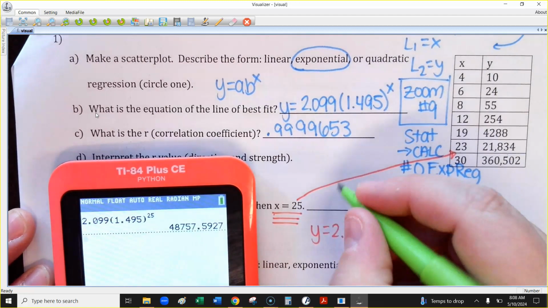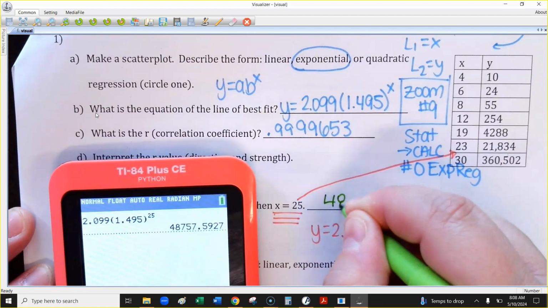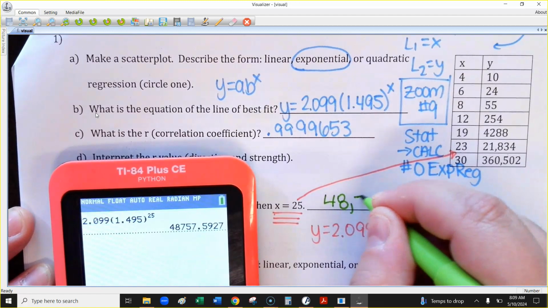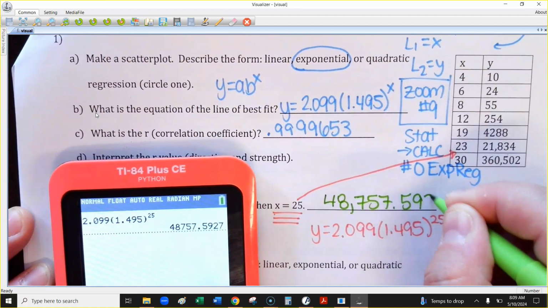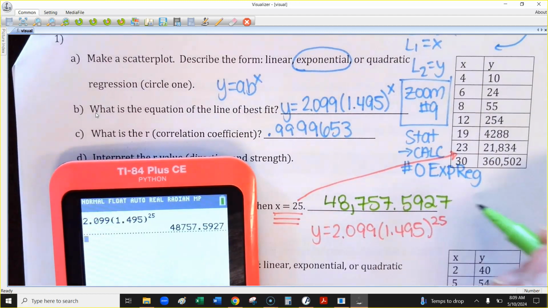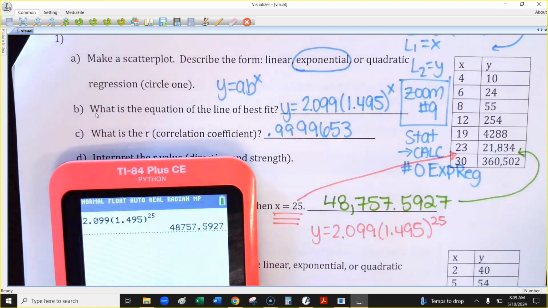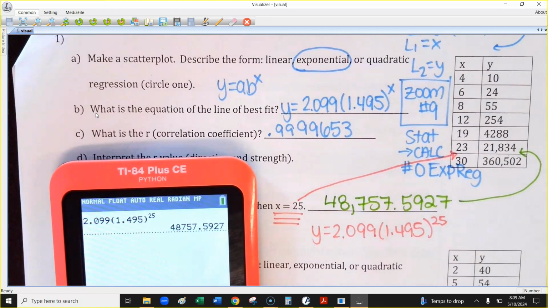So here's your prediction. I got 48,757 point, I'll just write it all out, 5927. So see if that makes sense that that would fall in there. To me, that seems pretty reasonable. If we'd gotten like 700,000 or something, I'd be like, whoa, I screwed something up. So just so you can check.